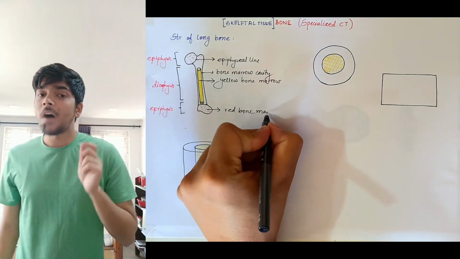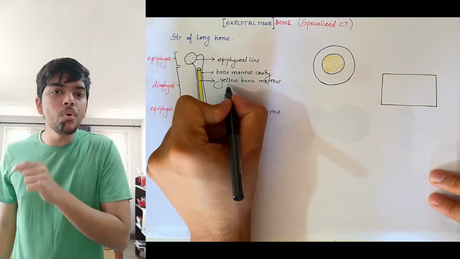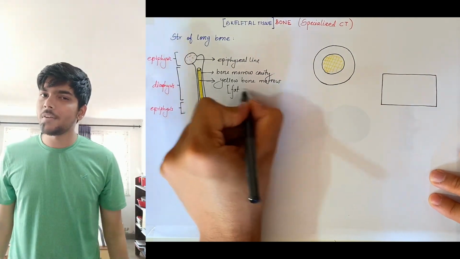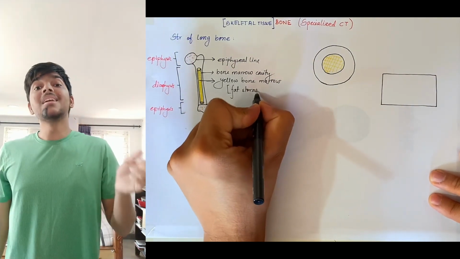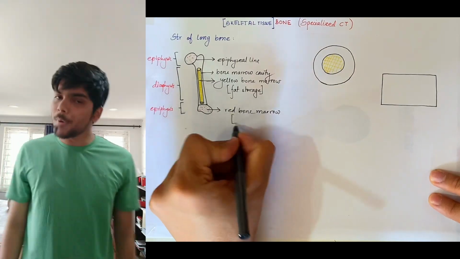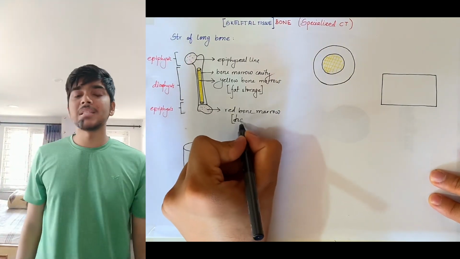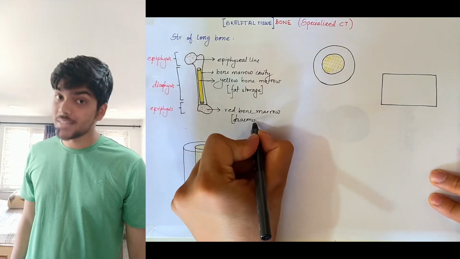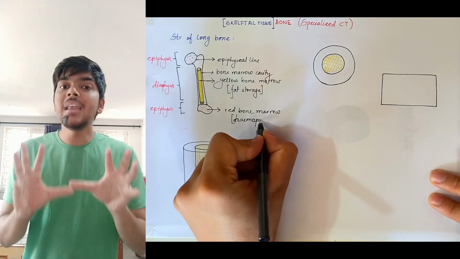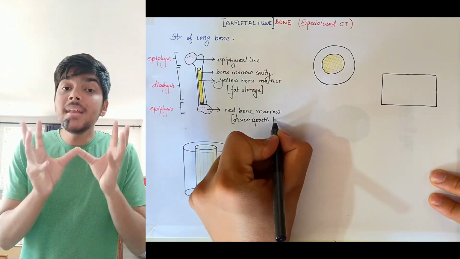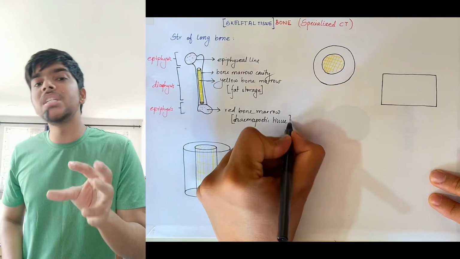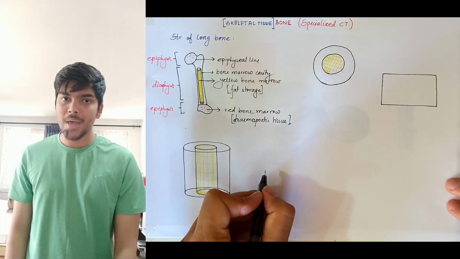Yellow bone marrow, found in the diaphysis of a long bone, is responsible for the storage of fat, while red bone marrow, found in the epiphysis of a long bone, is responsible for the formation of blood cells. That is, in adults, I repeat, in adults, the hemopoietic tissue is the red bone marrow.